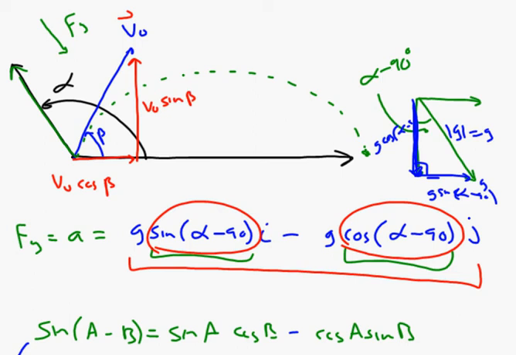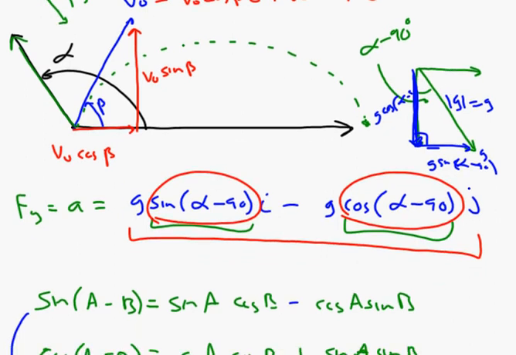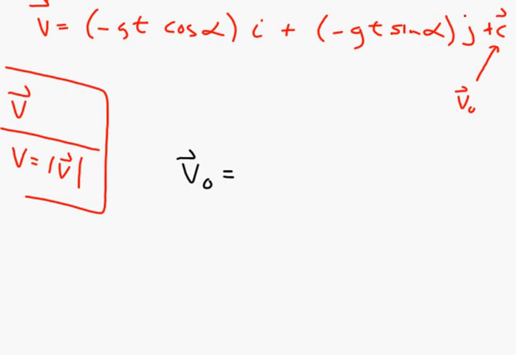So the vector v0 is going to equal v0 cosine beta i plus v0 sine beta j. That's what it's going to be. All right. So moving right along, we know that we have that vector now.